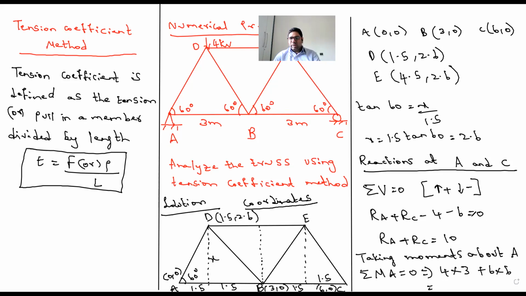I am writing 3, it is actually 1.5. So 4 into 1.5 plus 6 into 4.5 is equal to RC into 6. So say the value of RC. So 6 plus 33 by 6.